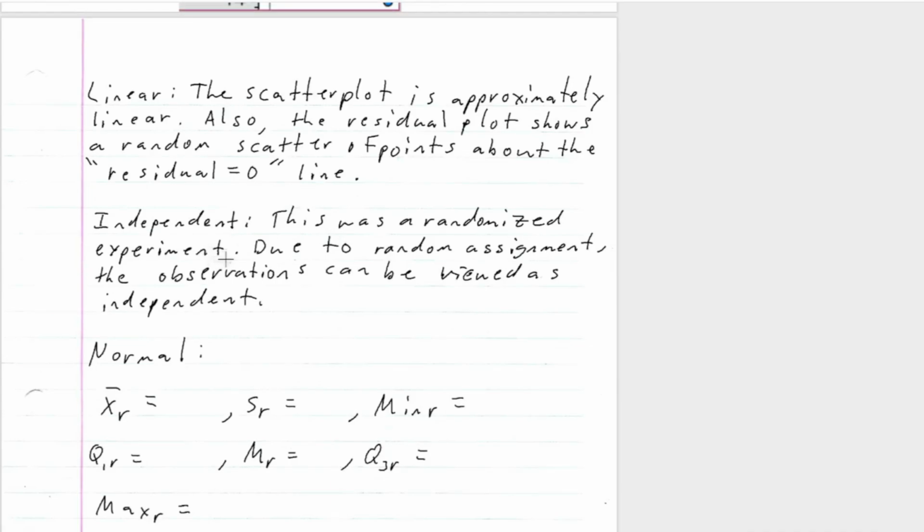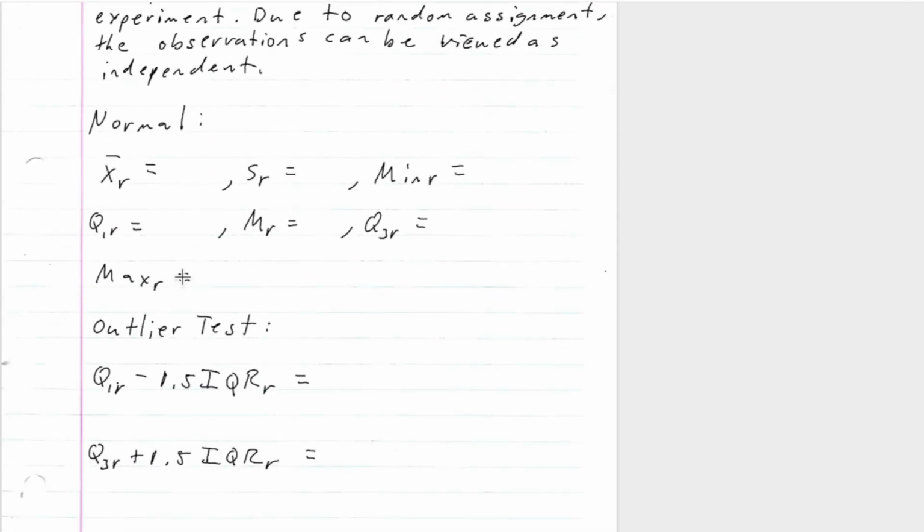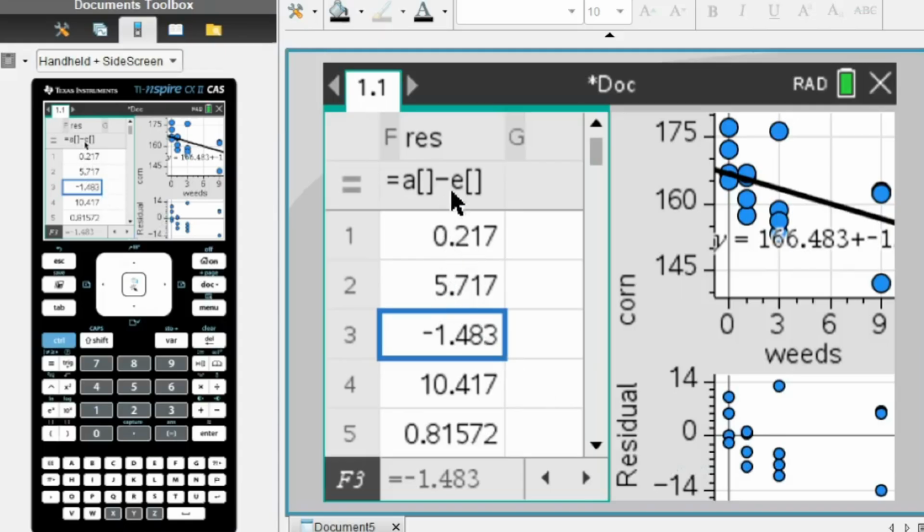Now, independence. This was a randomized experiment. Due to random assignment, the observations can be viewed as independent, okay? So now the normal condition, we're going to find our X bar for our regression, our standard deviation for our regression, and so on. Now we want the one variable statistics for our residuals, right?